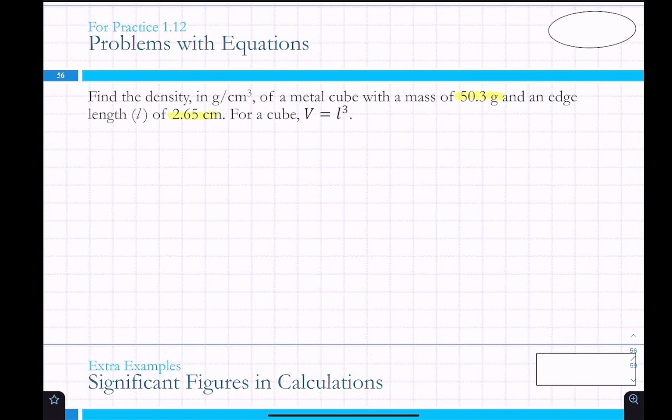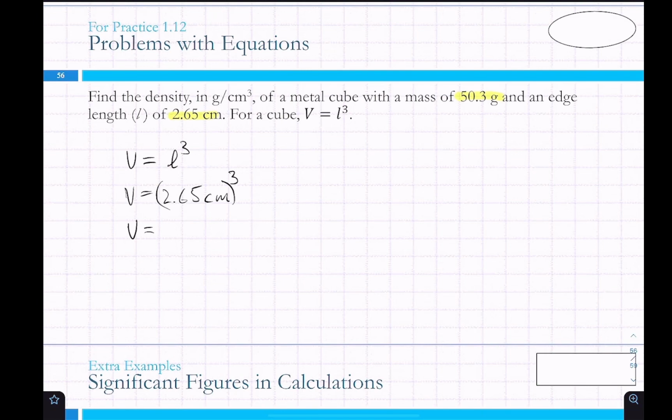So we need to first find the volume of the cube. So volume equals the length cubed. So volume equals 2.65 centimeters cubed, 2.65 raised to the 3.